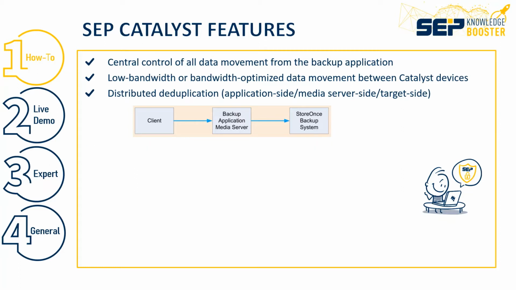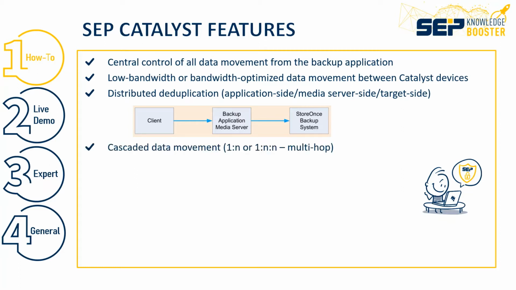Or we can also let the client, the backup client, which might be a database server, do the deduplication work and transport the data direct to the StoreOnce appliance in deduplicated format.